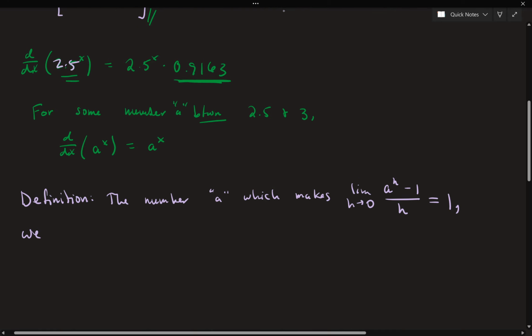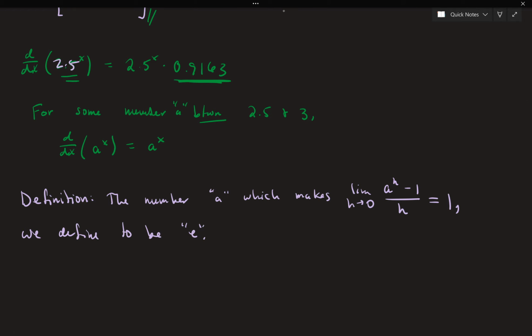We define that to be e. This is a definition. I want you to forget everything you've learned about e in high school, in algebra, or pre-calc, because you are incapable of understanding what e is without calculus. The definition of e is a calculus definition.